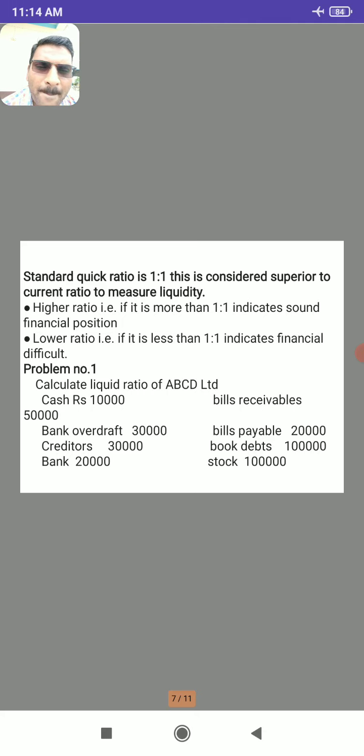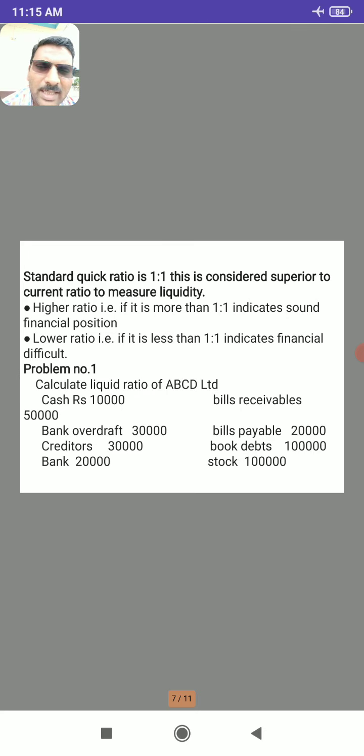Some of the items given are not included in quick assets and quick liabilities, so we have to leave them out. By finding only the quick assets and quick liabilities, we can easily calculate the quick ratio.